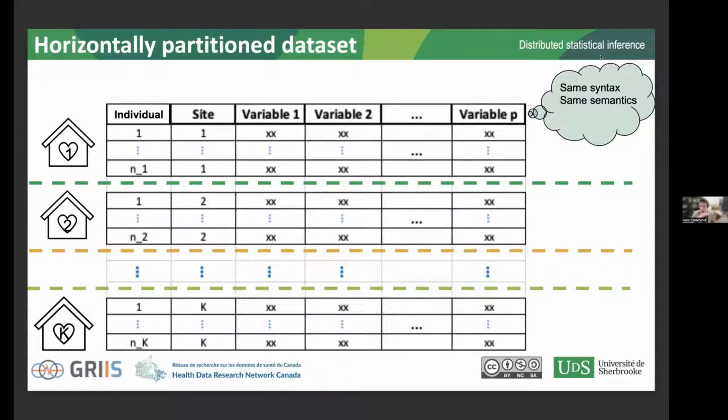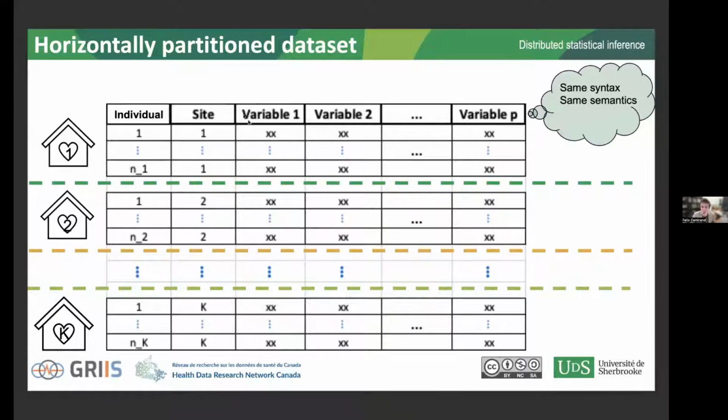Usually you would have the individuals in lines and the variables as columns. So when we talk about a horizontally partitioned data set, this means that you are partitioning your Excel spreadsheet into k different partitions, and the particularity is that you don't want to share the individual data. You cannot reconstruct your whole spreadsheet.